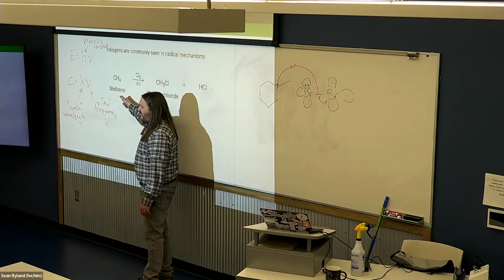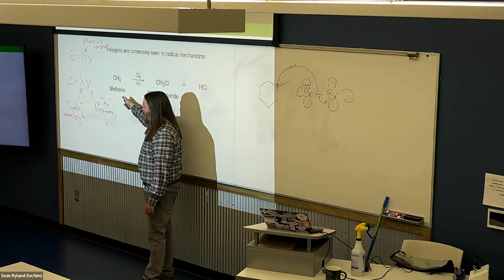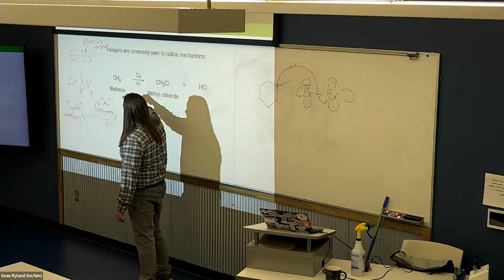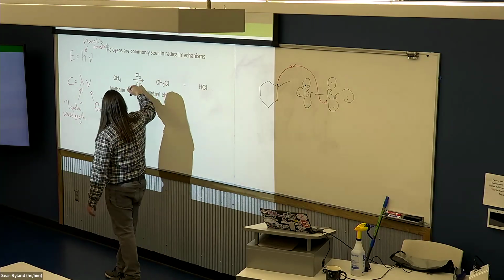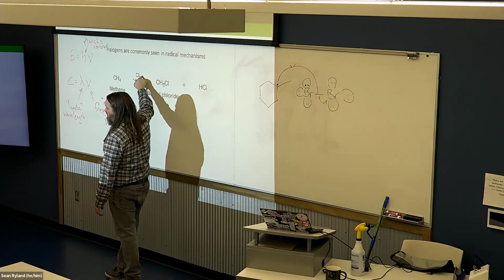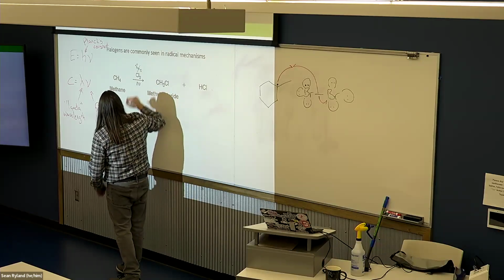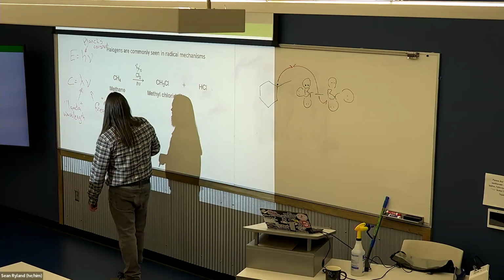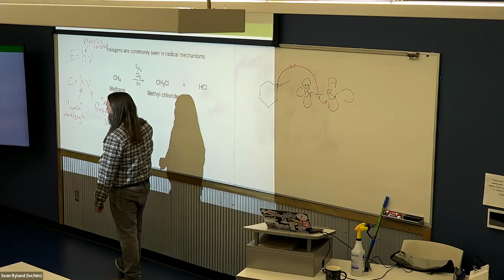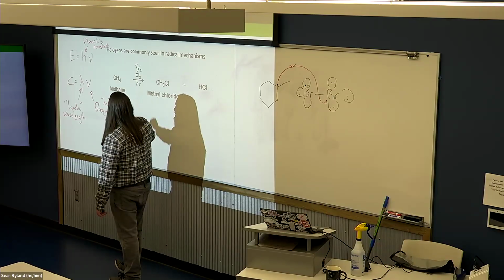This is the second reaction that an alkane can do. It's if you put a halogen, specifically it's got to be bromine or chlorine, because fluorine is too reactive and iodine is not reactive enough.